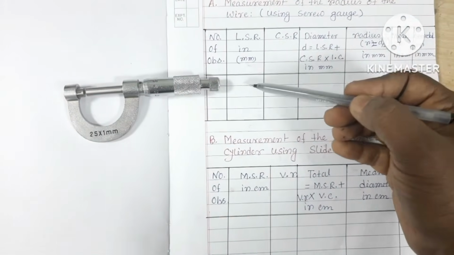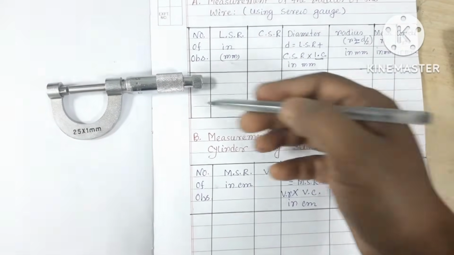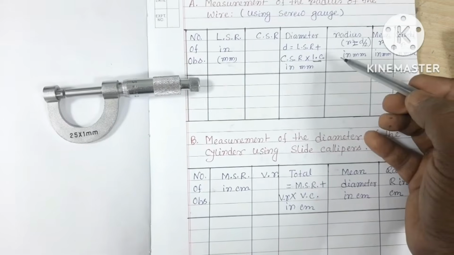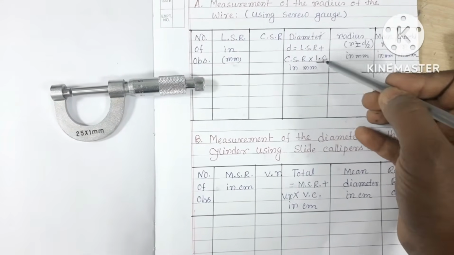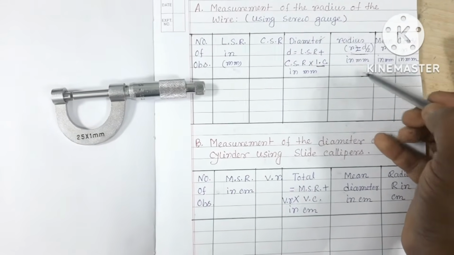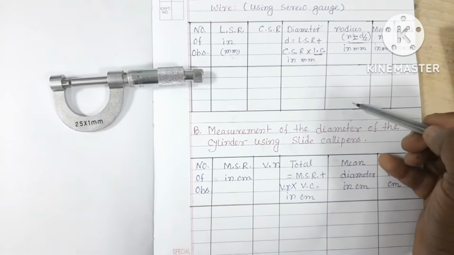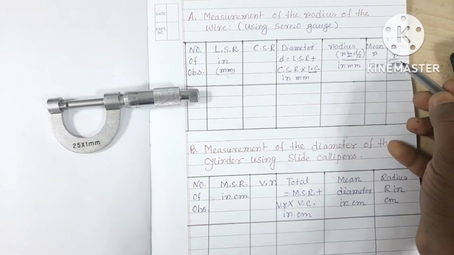You have to take the linear scale reading and the circular scale reading. You have to first find out the least count of the screw gauge, and then you will find the diameter. From the diameter you have to find out the radius of the wire. You have to take the mean for 3 different positions, and then you have to write down the corrected radius.